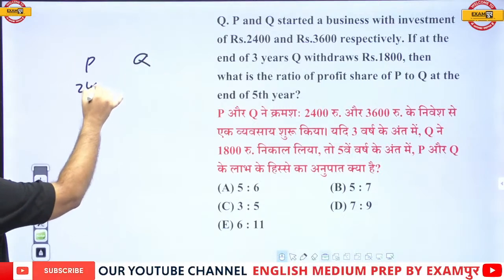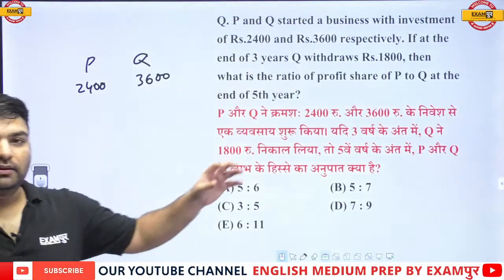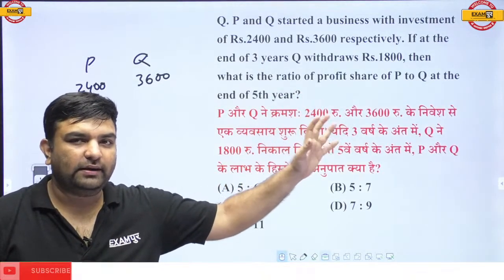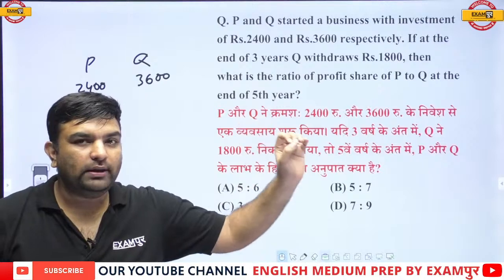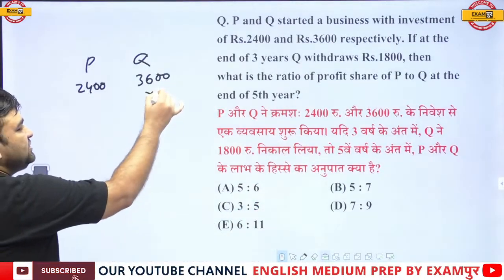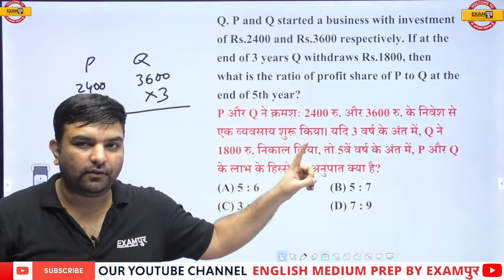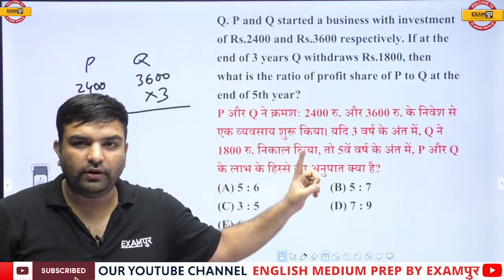Started with 2400 and 3600. Q is withdrawing something at the end of 3 years. So for 3 years, his investment is this only. After 3 years, he withdrew 1800.